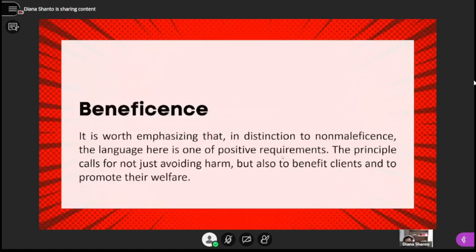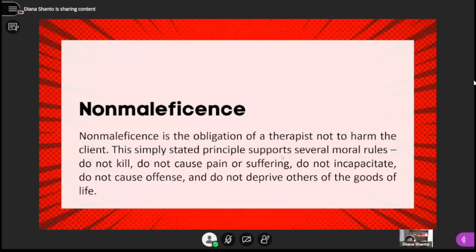For beneficence, the language is positive. It's for their benefit. In contrast, non-maleficence is do no harm. The language is to avoid harm. But here, beneficence is do good to our clients, benefit their welfare.